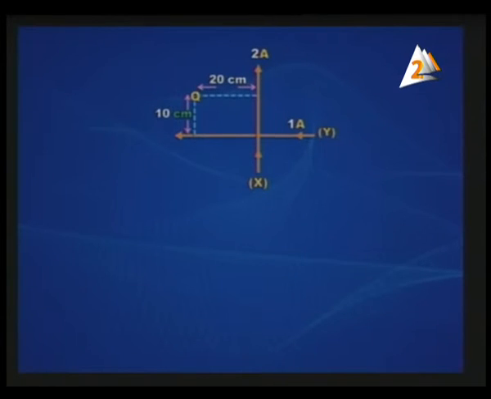We'll do it one by one. So magnetic flux due to wire X: the point is located at 20 centimeter from wire X. Wire X carries a current of 2 amperes.